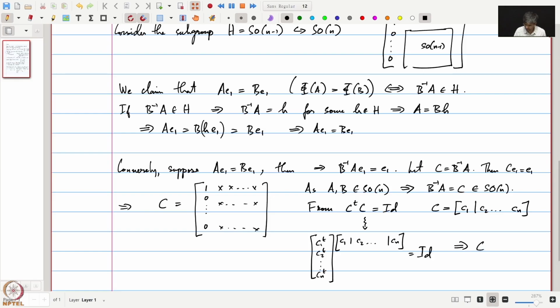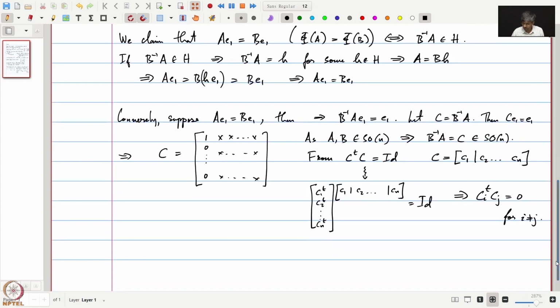So this implies Ci transpose Cj is equal to 0 for i not equal to j. But this Ci transpose Cj is just the inner product.